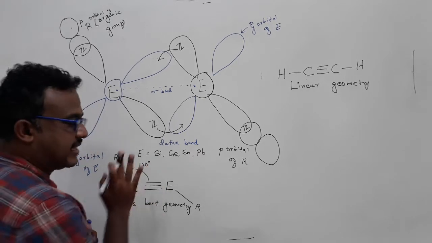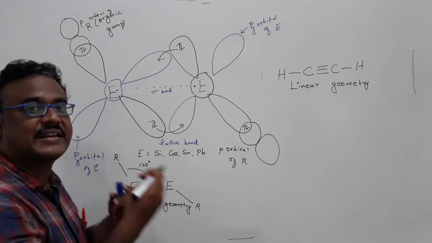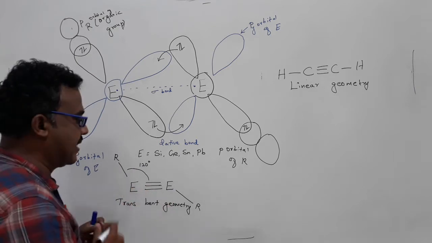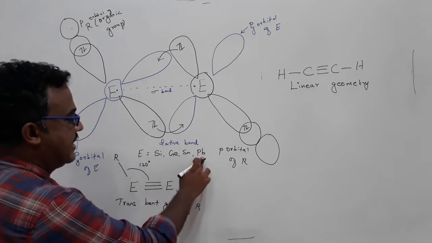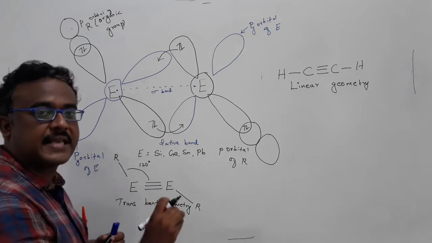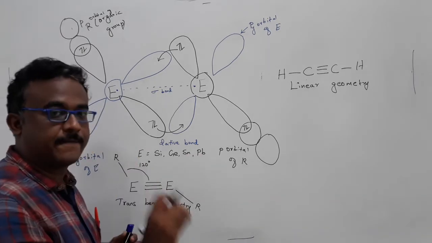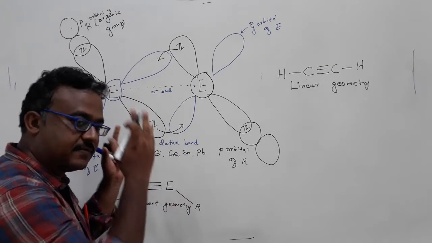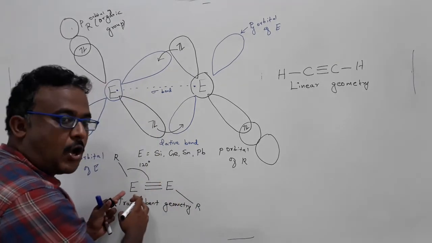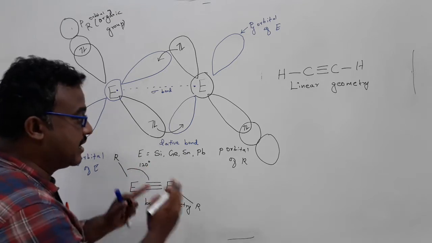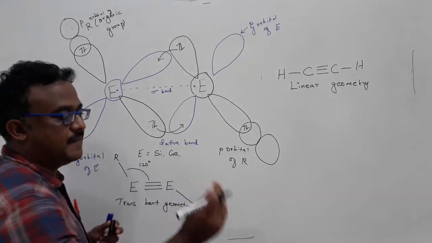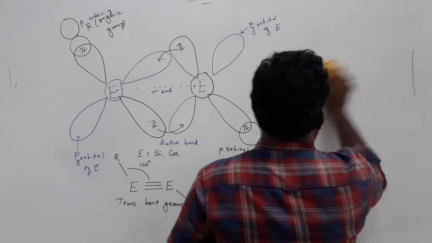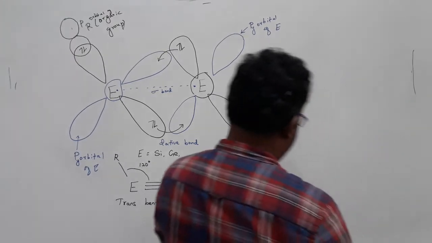I can't say it's exactly 120 degrees because the structure will most of the time get distorted, so it's closer to 120, maybe 110, 115 like that. But when we come to tin and lead, the structure in most cases will be different, even when R is a sterically bulky group. What type of bonding occurs in that case, I am going to discuss now.